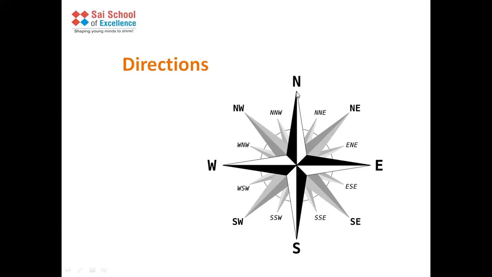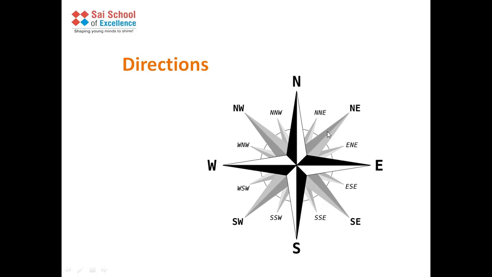Most maps indicate north with an arrow marked N. So if you know where north lies, it is very easy to find south, east, and west. If north is at the top, then south is at the bottom. East is to the right and west to the left.